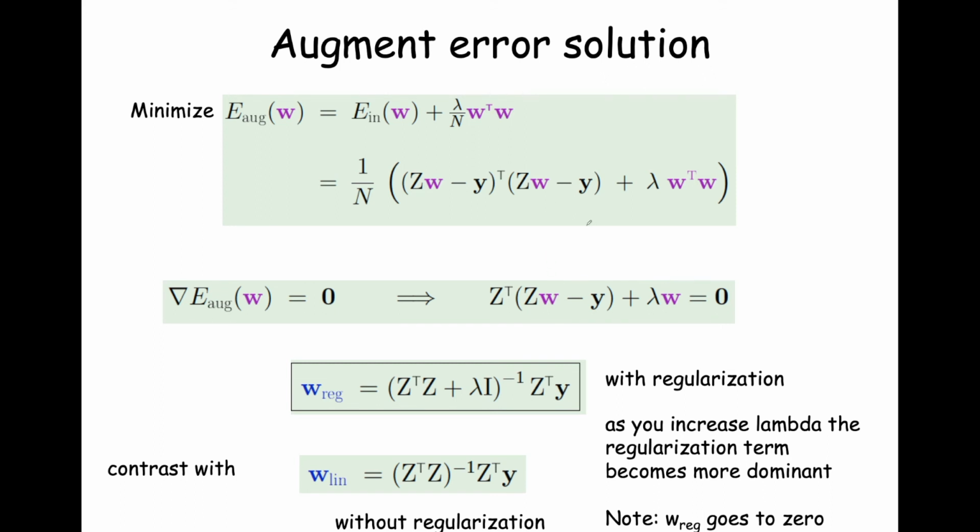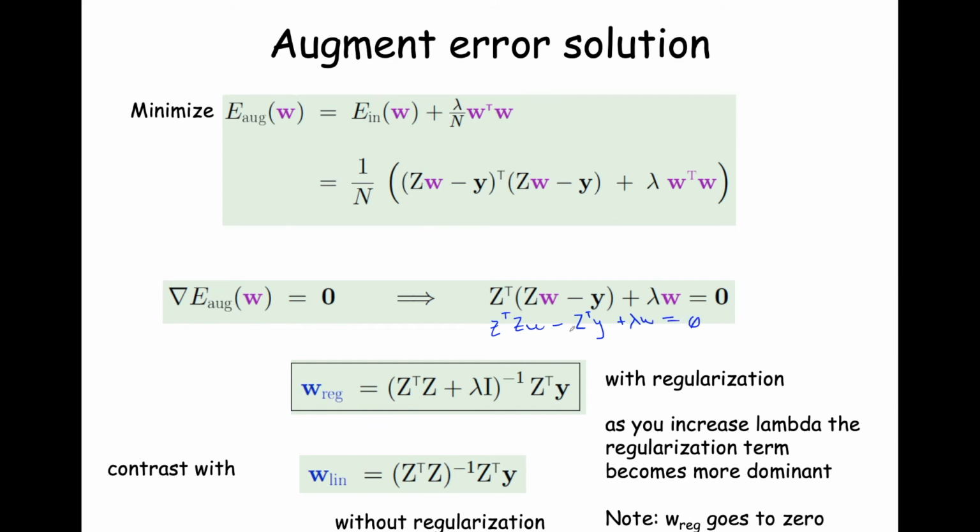Okay, so we do that, and let's multiply this out. So if we multiply this out, that's Z transpose ZW minus Z transpose Y plus lambda W is equal to 0.